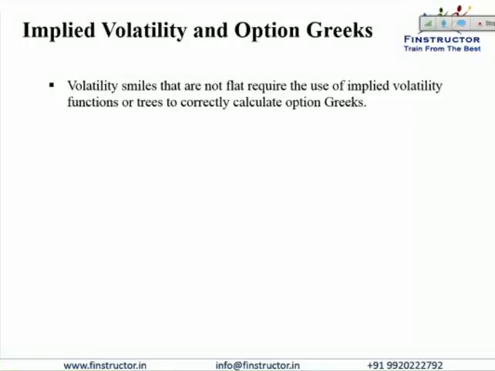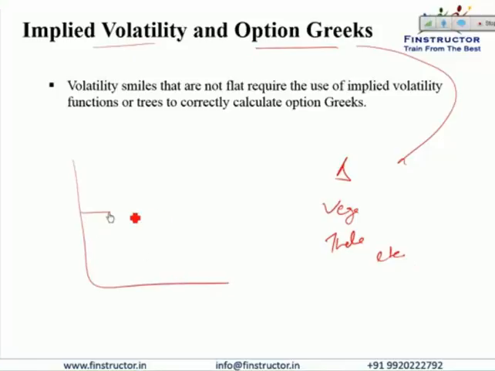Finally, please understand that implied volatility will affect our calculation of the option Greeks. We studied the Greeks at FRM part 1: delta, vega, theta, etc. If the implied volatility is constant, there's no real smile, then the option Greeks will be correctly calculated as we have been calculating up till now, with all the formulas that we studied at FRM part 1.